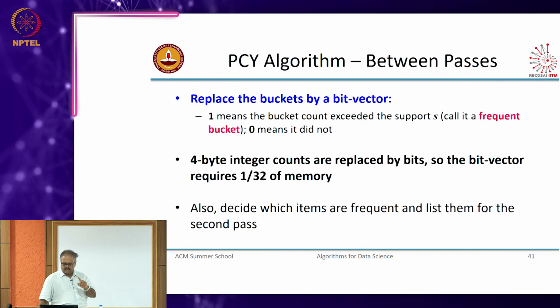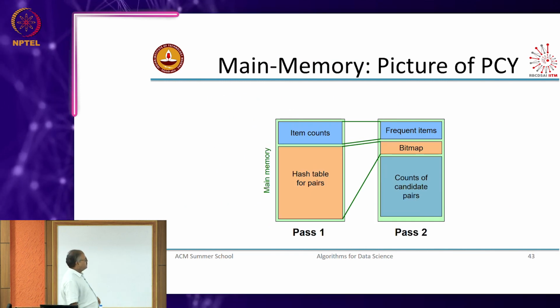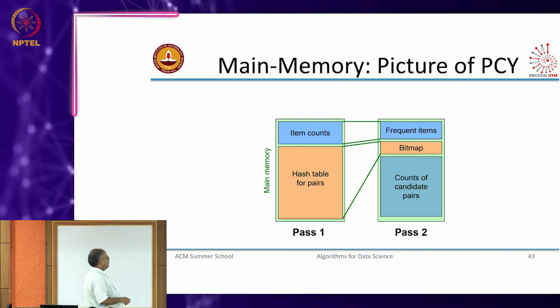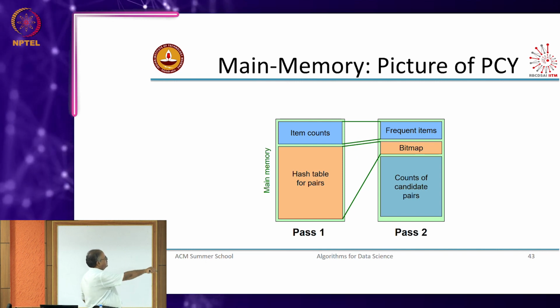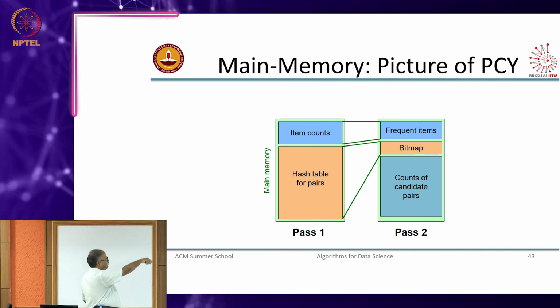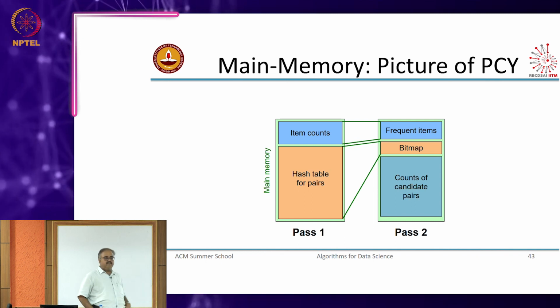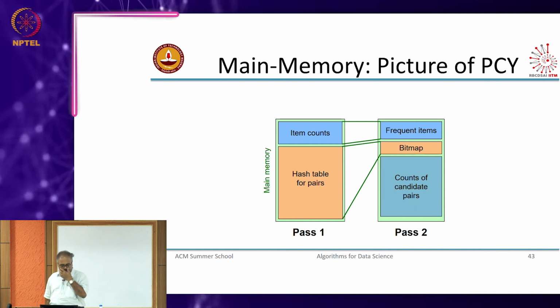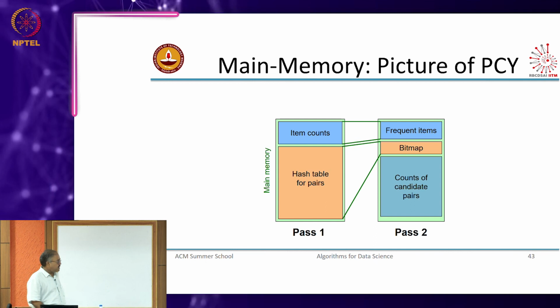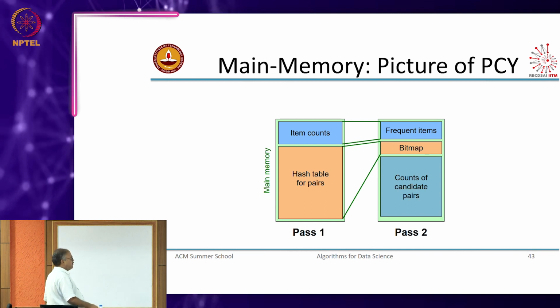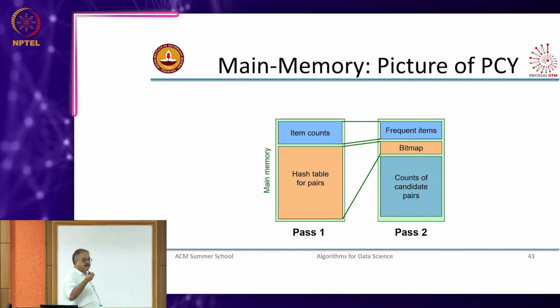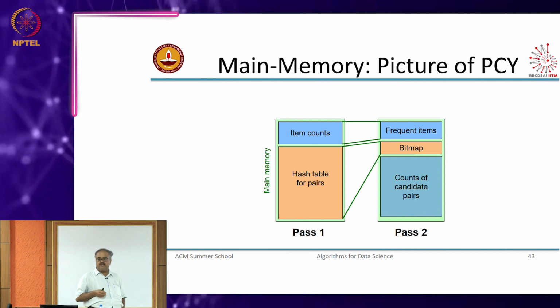So I am just going to skip ahead very quickly to show you this slide, and I will come back and talk about what we have to do. So this is pass 1, right. So we did the item counts, and whatever space was left, we had this hash table, right. And then in pass 2, what do I need to do? I need to know which pairs of elements hash to a frequent bucket, right.